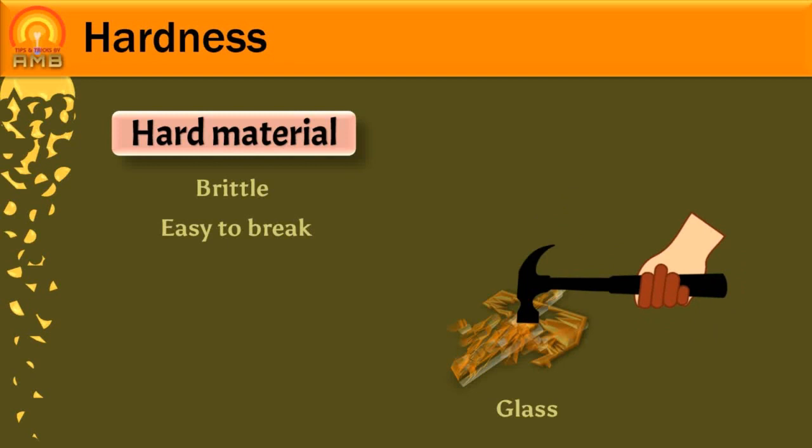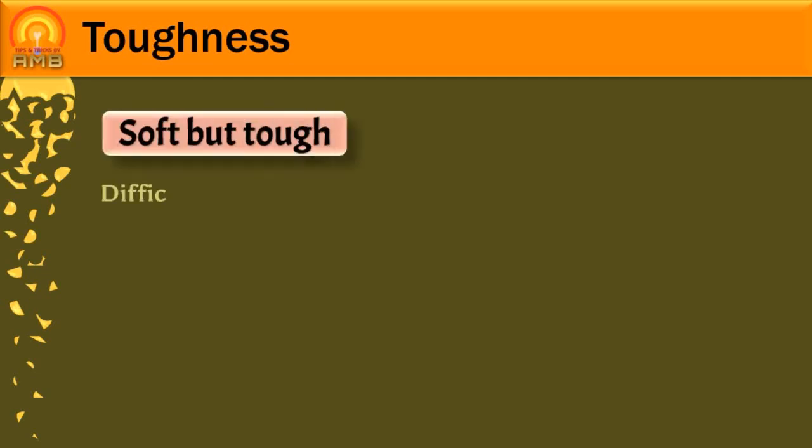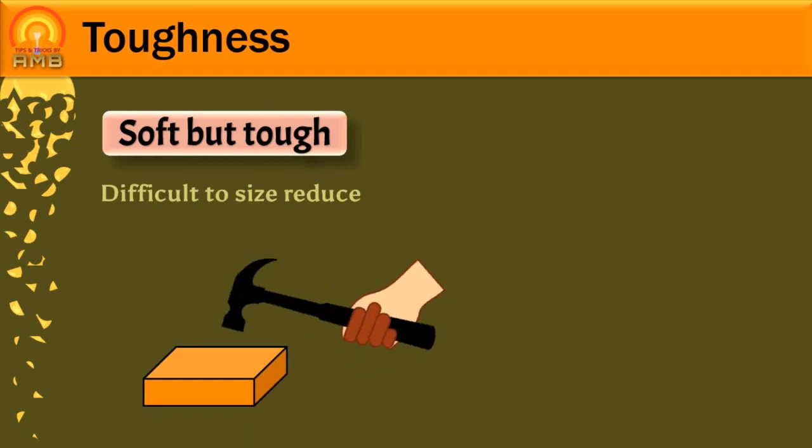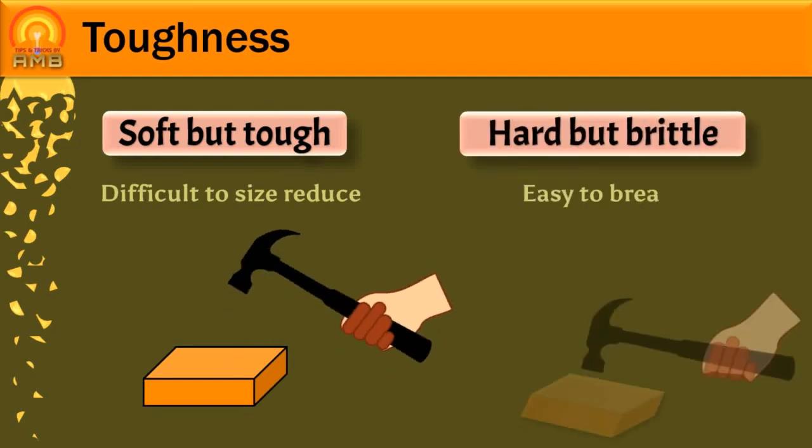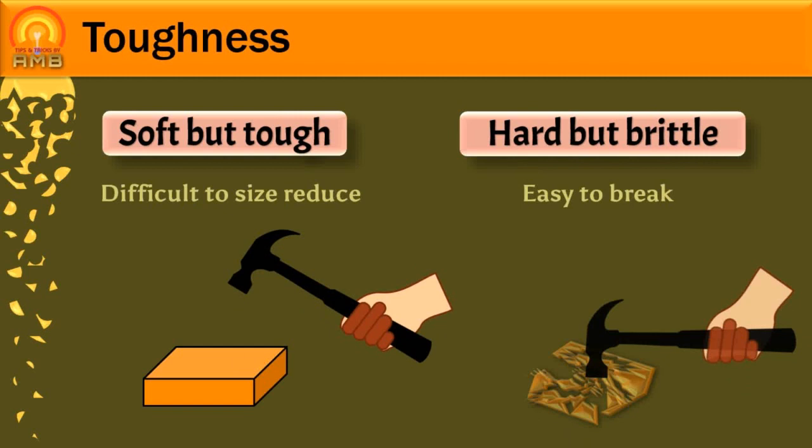Next factor is toughness. Toughness of a material is sometimes more important than hardness. A soft but tough material may present more problems in size reduction than a hard but brittle substance. For example, it is difficult to break rubber than a chalk.